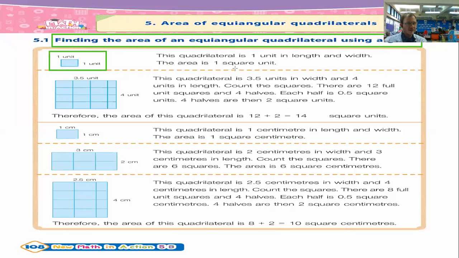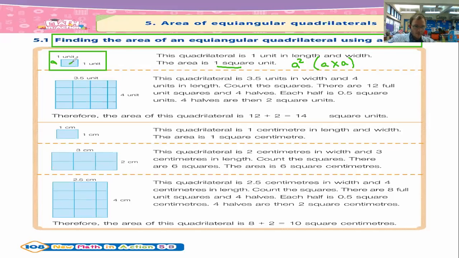How do we know that? Because the area is length times width for a rectangle. This is a square. For a square, if this side is A, we can say A squared, or A times A. 1 times 1 equals 1.